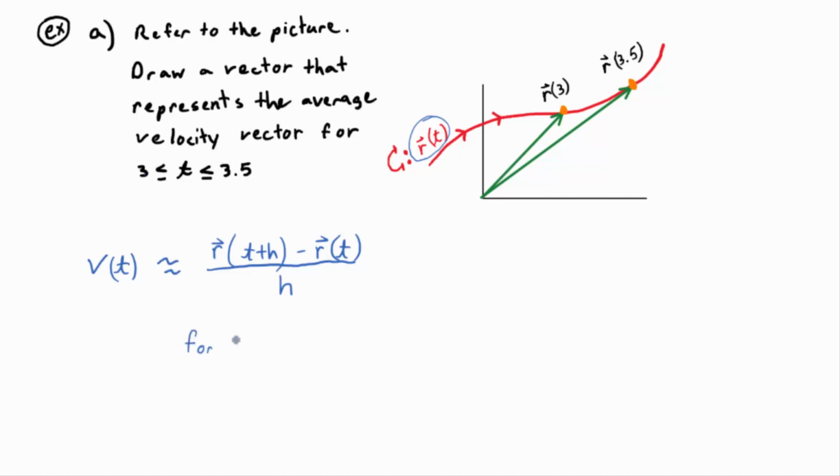Now I'm not specifying how small, so I'll put in quotes "small" h. So the best I can do, since I'm not given much information here, is use this formula and the given picture to draw a vector that might represent the average velocity. So this formula represents average velocity.